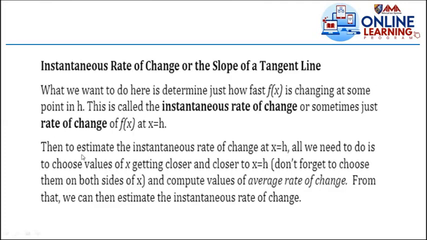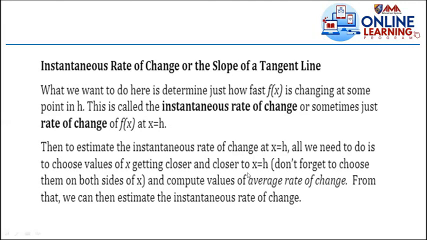To estimate the instantaneous rate of change at x equals a, all we need to do is choose values of x getting closer and closer to x equals a. They should be very close. Why?